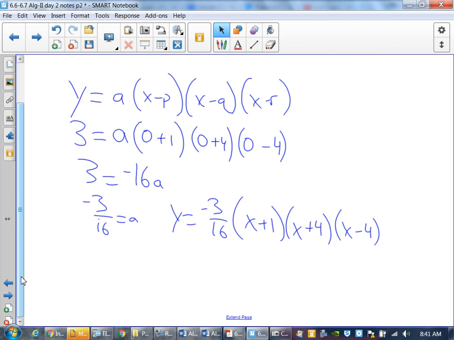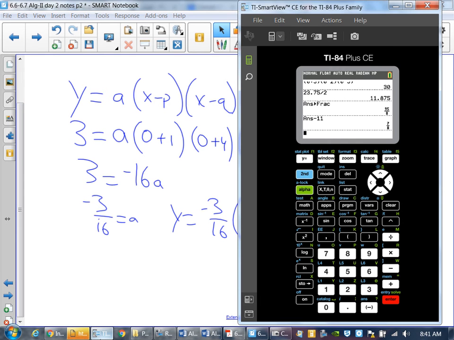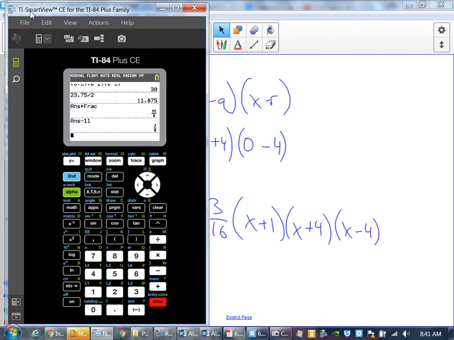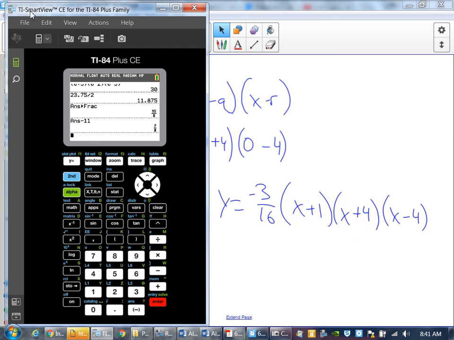And what's nice is that when you get that far with this intercept form, you can easily check your answer by using your calculator. Let me show you. And this only takes a second to do. If you go to your y equals table and type in -3/16, and just type in the rest with parentheses, (x plus 1)(x plus 4)(x minus 4).